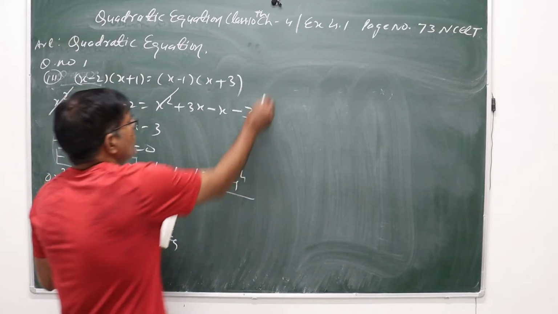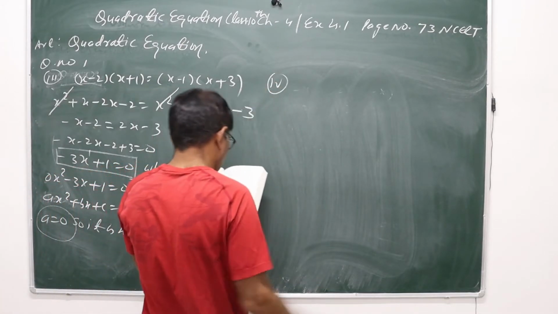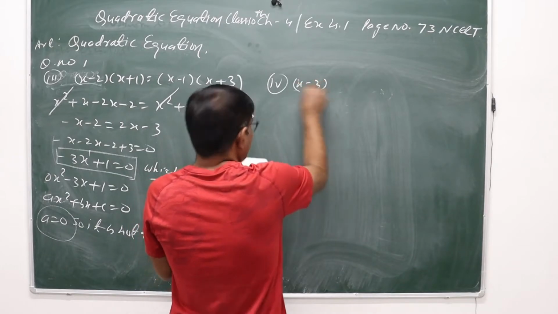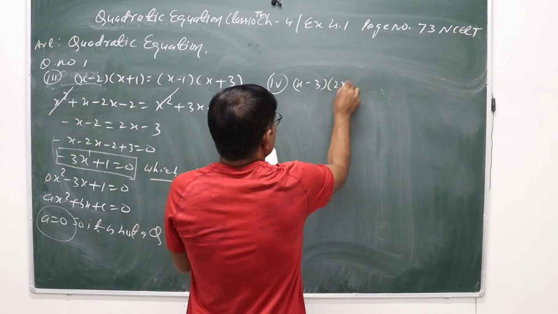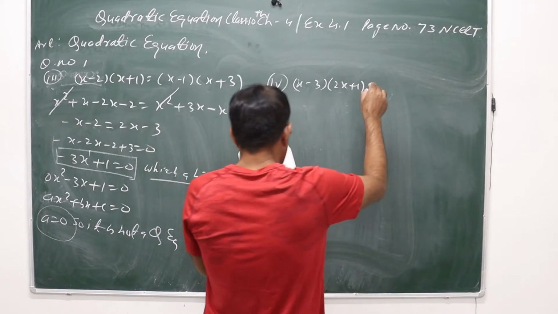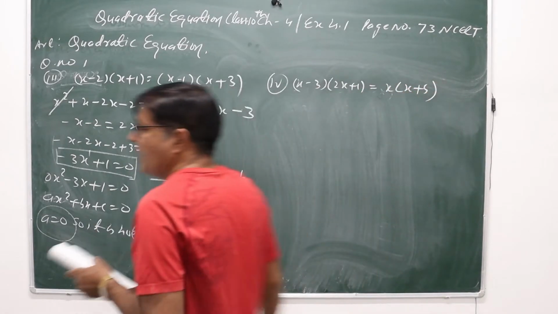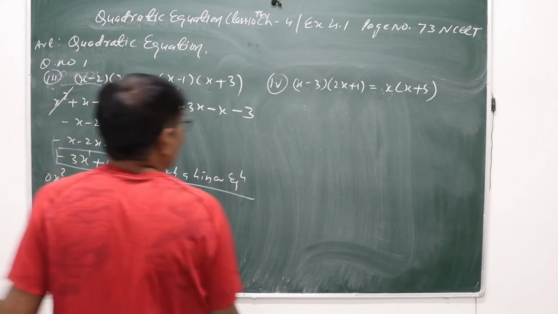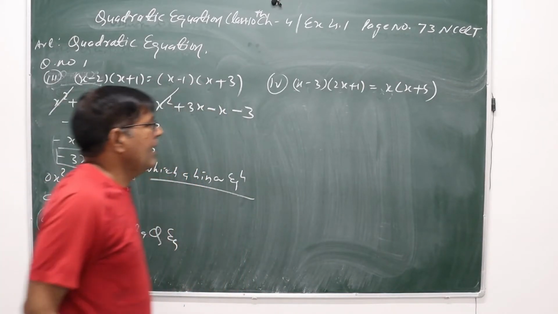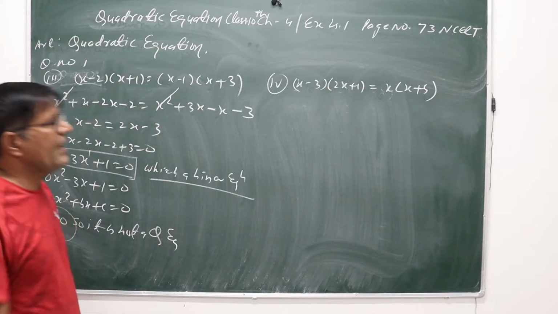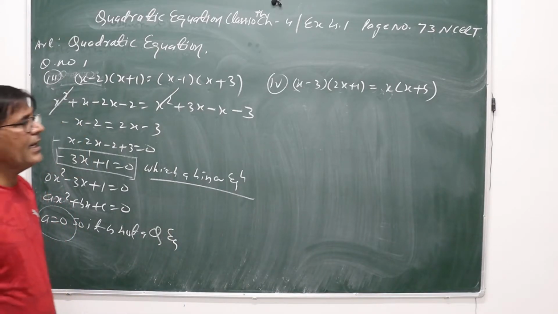Next, question number 4. x minus 3 into 2x plus 1 is equals to x into x plus 5. So this is the given equation. Now we have to check whether it is a linear equation or quadratic or cubic.